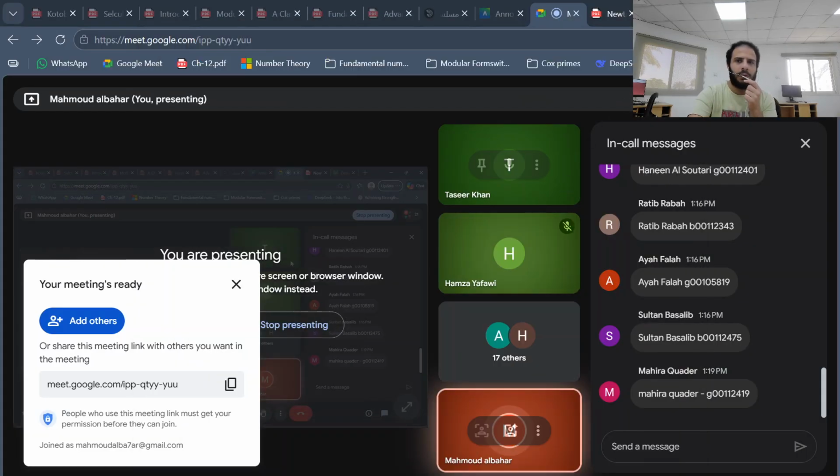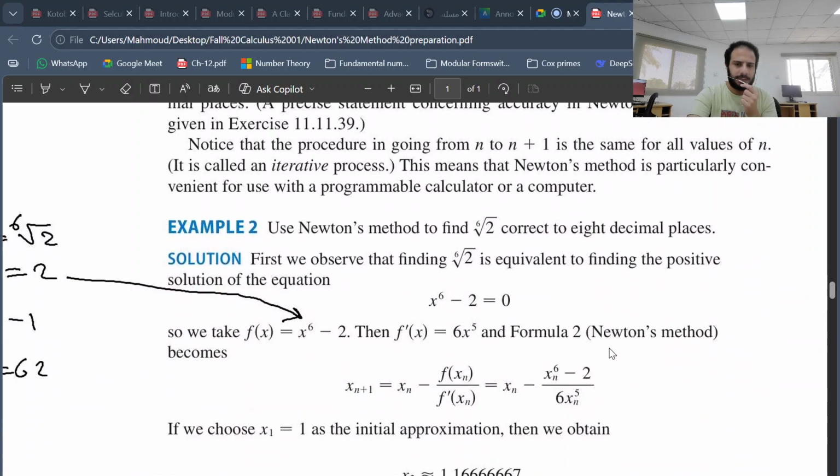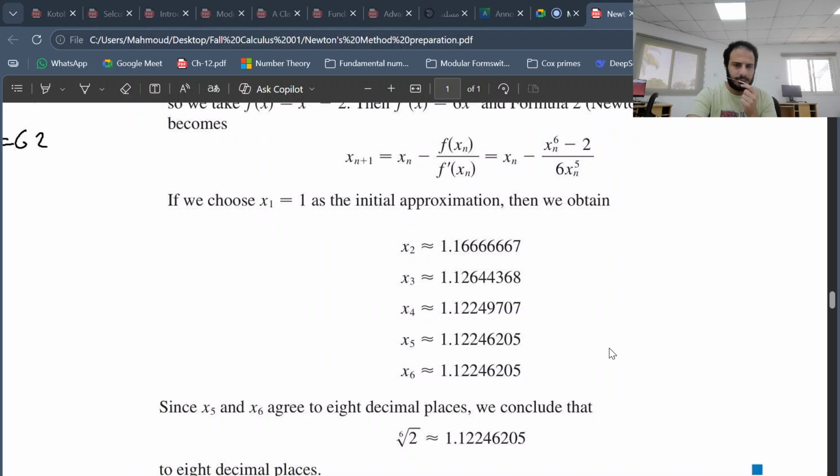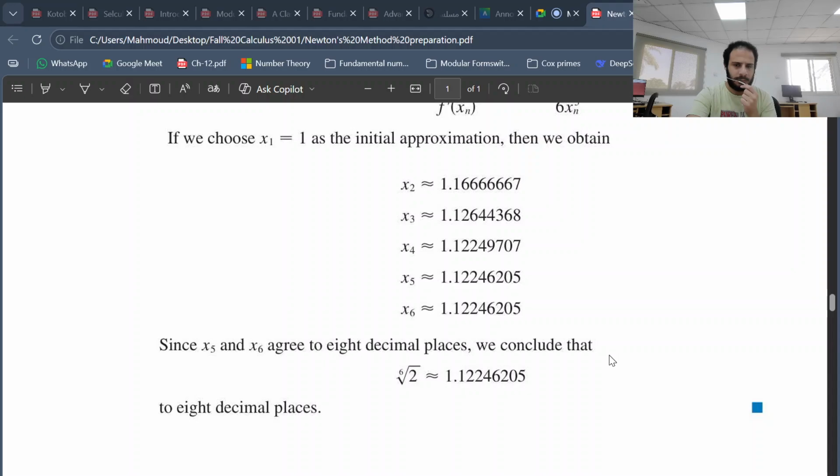Now let's go to the file again. I think here he might have approximated it to 5. When I calculated it, it was 4. So I think he approximated it to 5. You just rounded up. But I think it's better to find x7 to make sure.